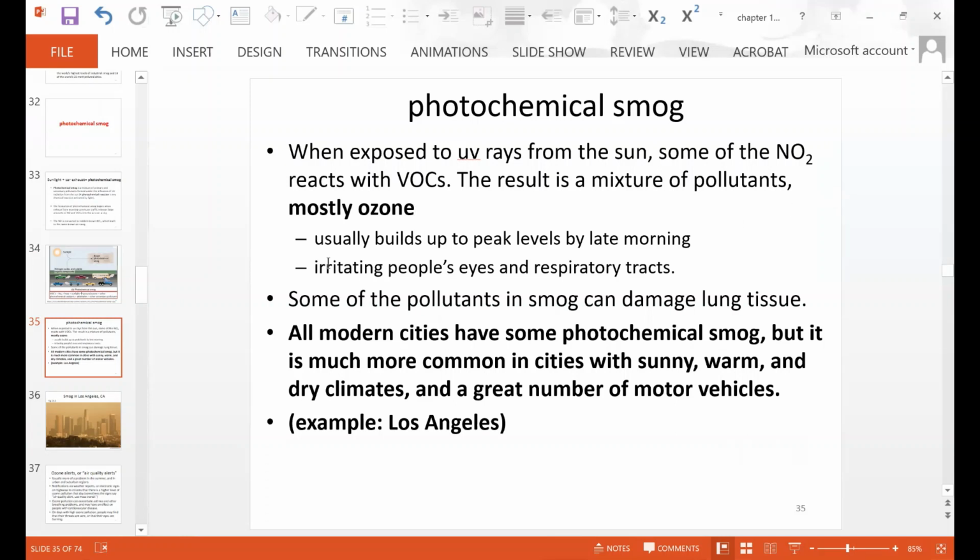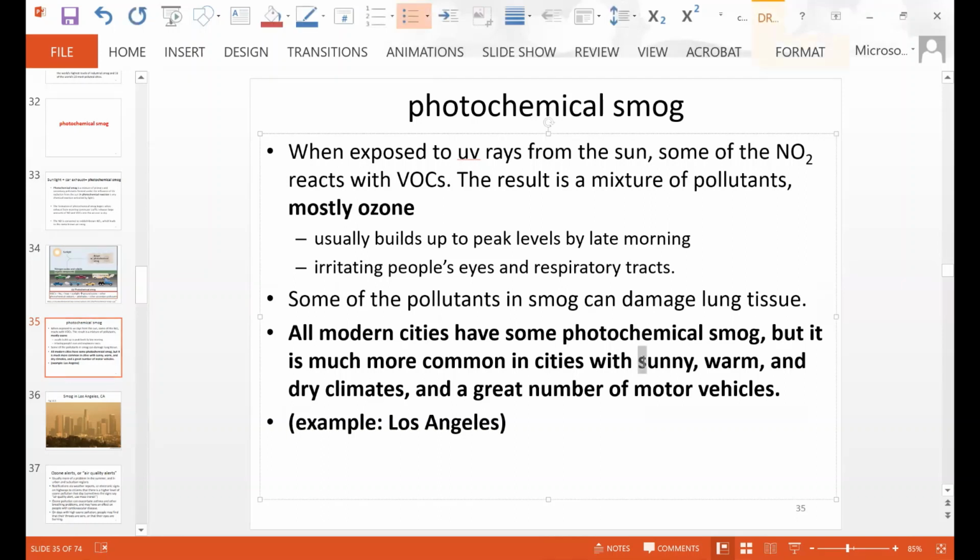The smog usually builds up to peak levels by late morning and irritates people's respiratory tracts, their eyes, etc. Now, some of these pollutants in the smog can actually damage the lung tissue. All modern cities have some photochemical smog, but it is much more common in cities that have sunny, warm, and dry climates and a great number of motor vehicles.